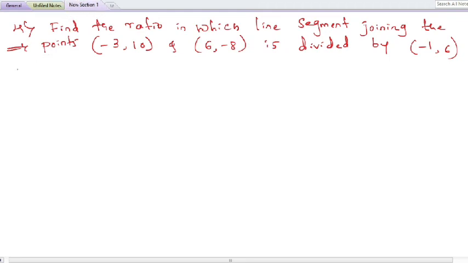Now, here, is the ratio given? No. If the ratio is not given, we can take it as dividing in the ratio of k is to 1.